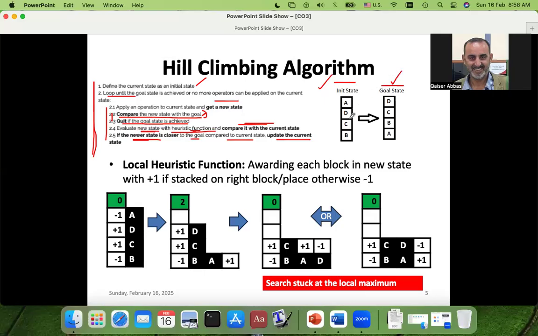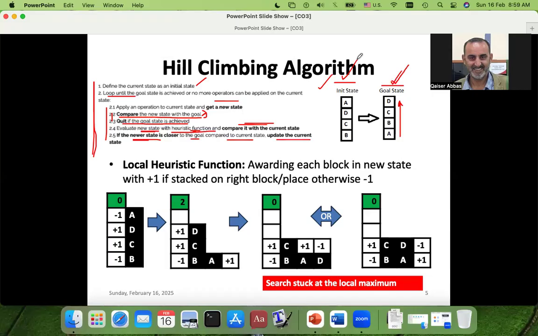If you see here, A, D, C, B is something random, no order. In the goal state, A, B, C, D: A is at the bottom, then B, C, and then D. They are properly aligned, in ascending order and stacked on each other. So we have to reach here by applying the hill climbing algorithm over this example.